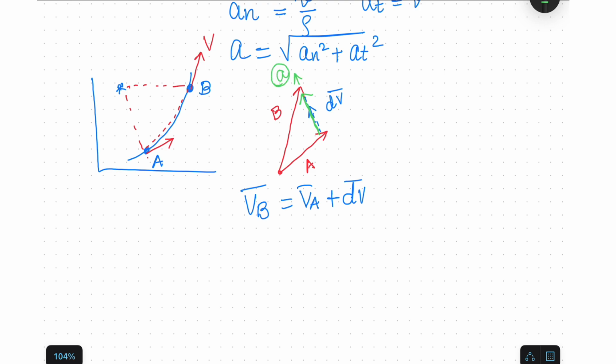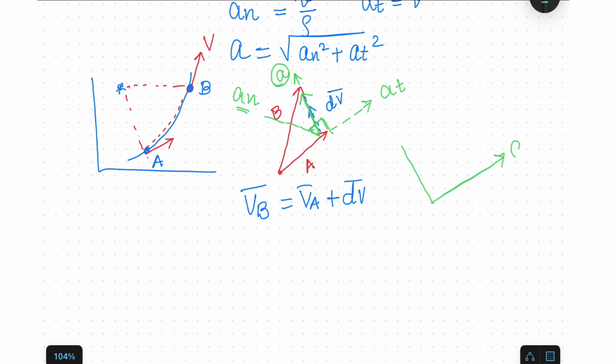Now guys, it's very important. The total acceleration is this a in green color, and on the right side I am drawing the at vector and the an vector. Now this should be 90 degrees, but in my picture it's not correct, so I will make a line here.